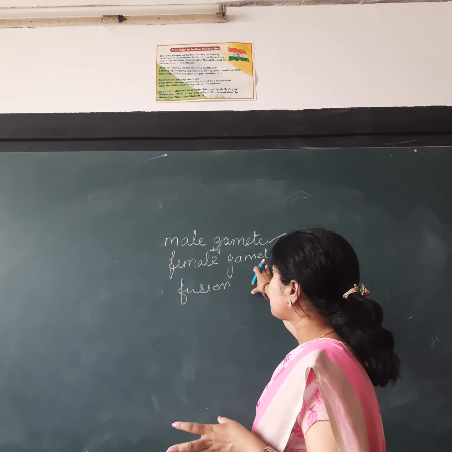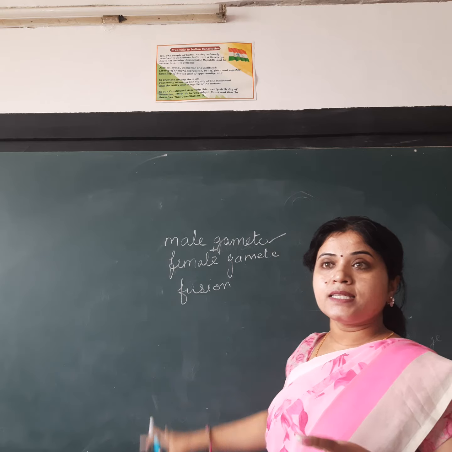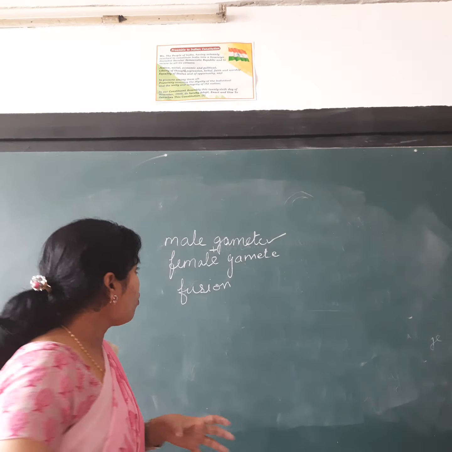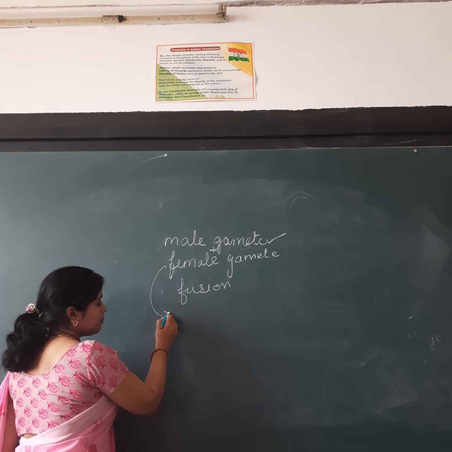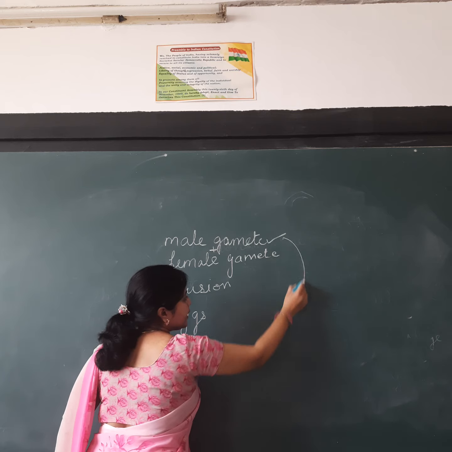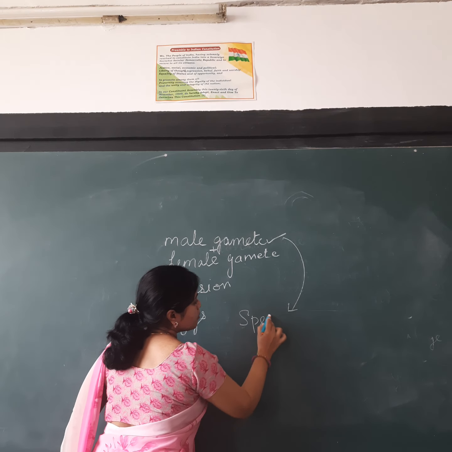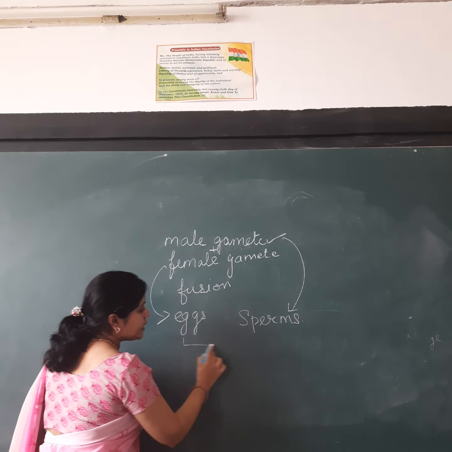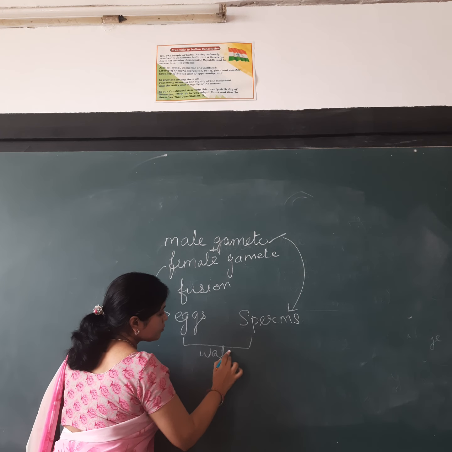Now external fertilization, as we see in fish, frog, etc. In this, the female gametes, that is the eggs, and the male gametes, that is the sperms, are both laid in the water.